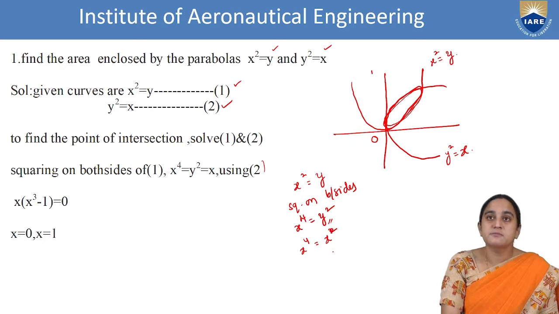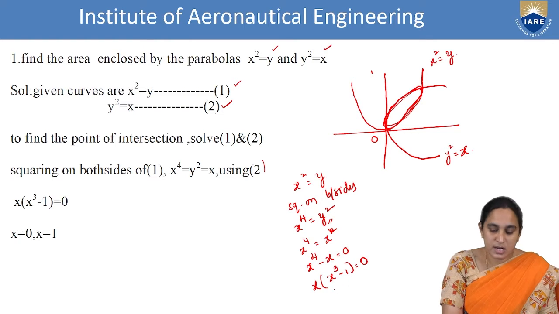So x power 4 minus x is equal to 0. Taking x as common, x into x cube minus 1 is equal to 0.